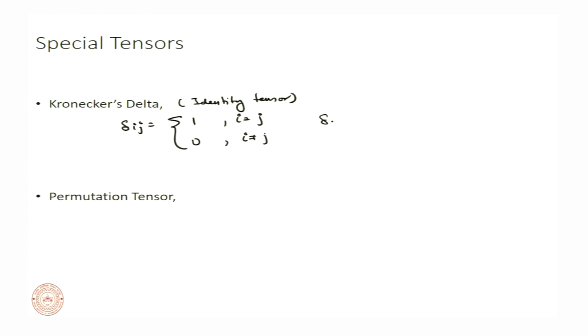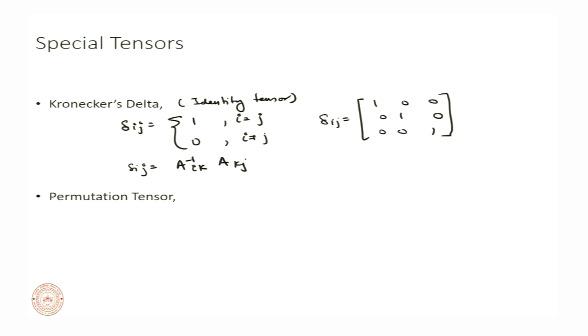So the delta_ij matrix is 1 0 0, 0 1 0, 0 0 1. The property of delta_ij is such that delta_ij equals delta_ik into delta_kj. So you multiply two tensors and invert one: A inverse A is equal to identity.